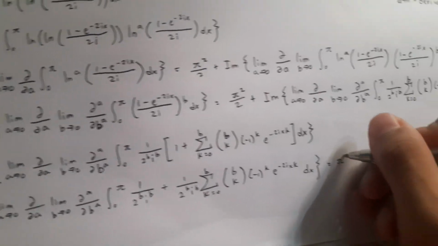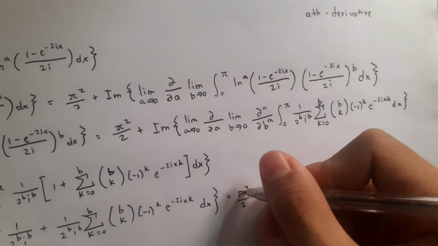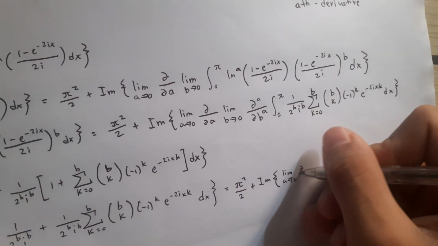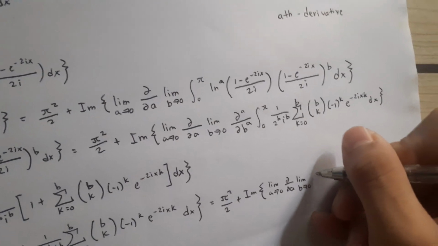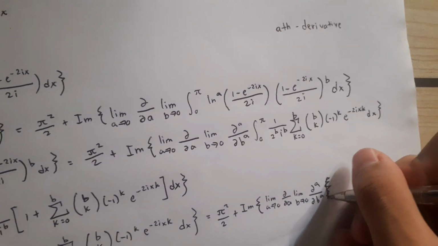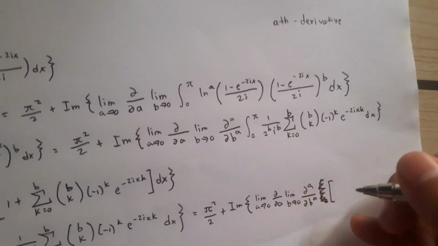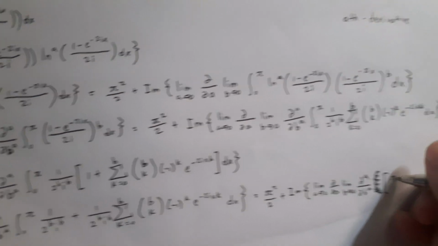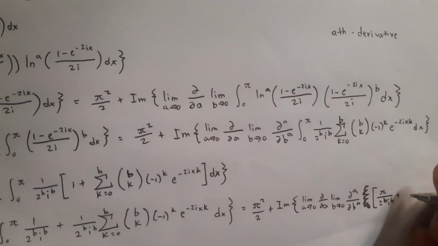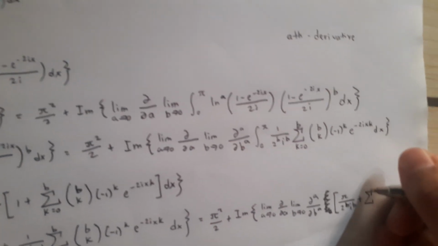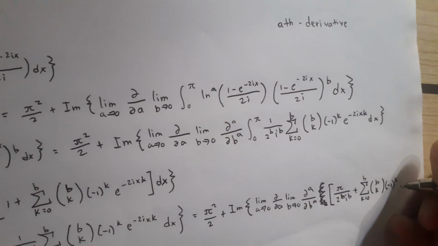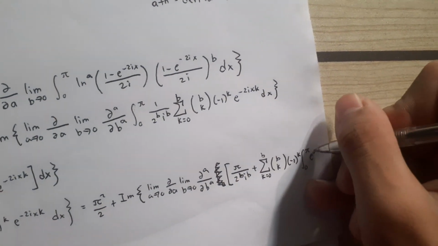So pi squared over 2 plus the imaginary part of the limit as a approaches 0 and the limit as b approaches 0, sorry, this is now pi times pi over 2 raised to b times i raised to b plus the sum from k equals 0 to b of the binomial coefficient, negative 1 raised to k, e raised to negative 2ixk dx.